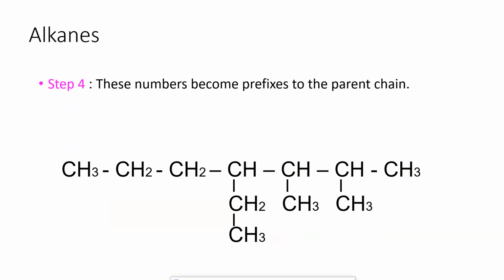Now, it says there, these numbers become prefixes to the parent chain. So that means that I have to write the numbers and the names before the name of the main chain. So I have a 2-methyl, right? This is one here. I have a 3-methyl.